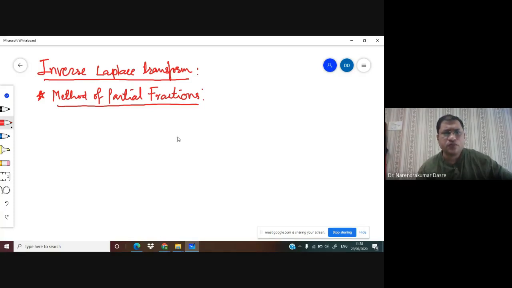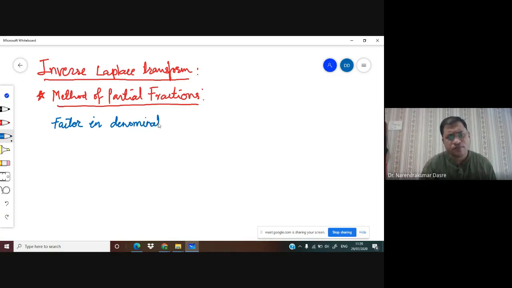To use this method, there are some preliminaries that we need to revise. What are the preliminaries? We have to consider the denominator and the factors in the denominator, and the constants to be chosen.